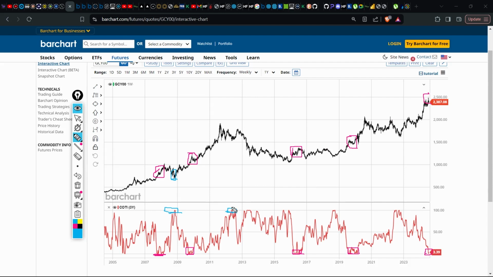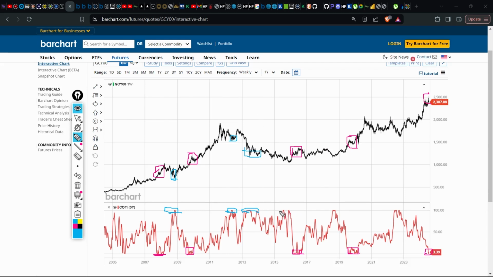The index was at 100, and this is where price was at that time. And then again here, from early 2013, probably almost the whole year, 2013 to almost 2014. Price was at that time between here and here.